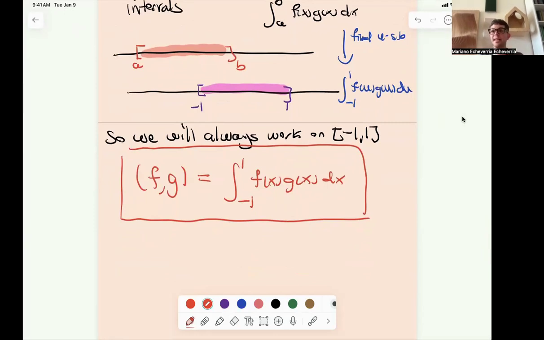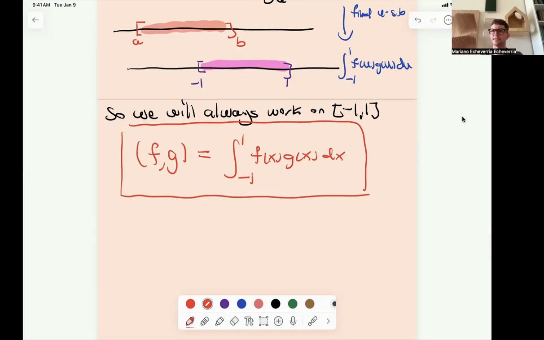Okay, so let me give you some examples. Computing these quantities is just as hard as doing an integral is, but it has interesting features. So for example, let's do example 1. Let's say f(x) is x and g(x) is x cubed.